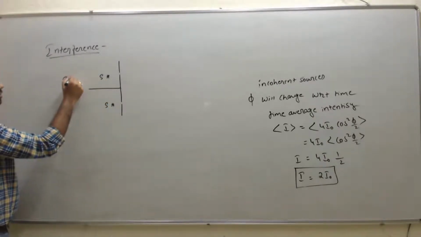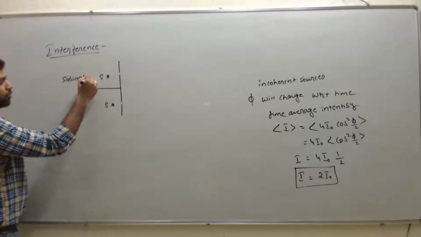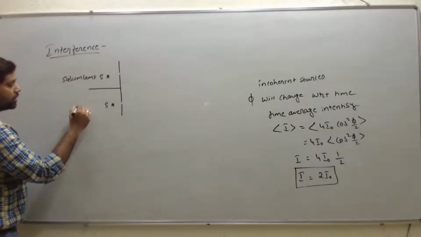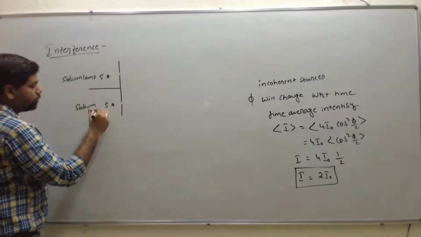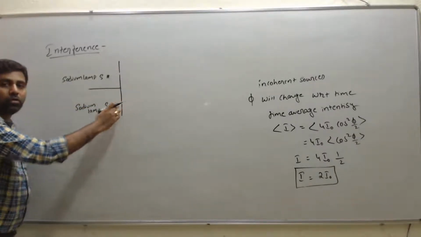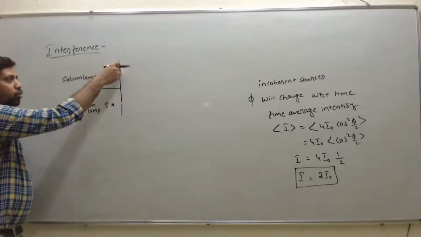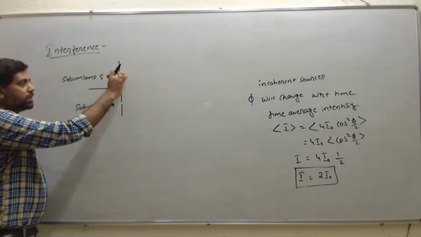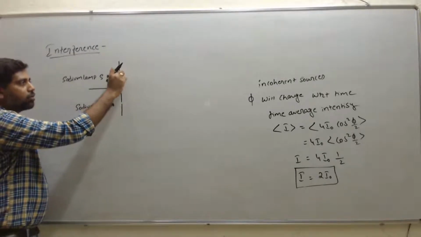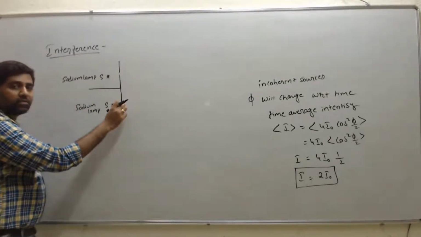I will take a sodium lamp as the source S and place it in front of two pinholes, that is, an opaque screen made with two small holes. Here is hole 1, which we call S1, and here is S2.